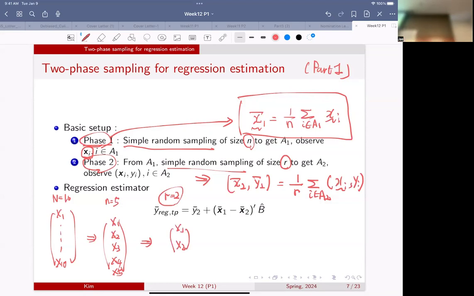So we have 10 elements and we selected 5 at random. And assume that we happen to select the first 5. So basically this guy is the same as this guy. Okay, so what I know is that the expected value of this guy will be conditionally unbiased for x bar 1, right?